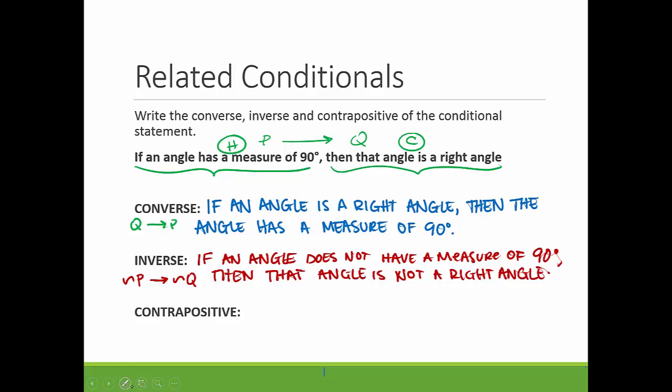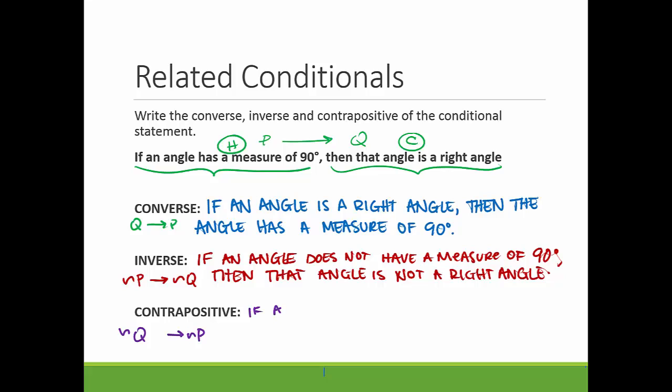And then finally, contrapositive. This is kind of a combination of the last two. We're going to switch around the Q and P, so switch around our hypothesis and our conclusion, and then we also negate them.